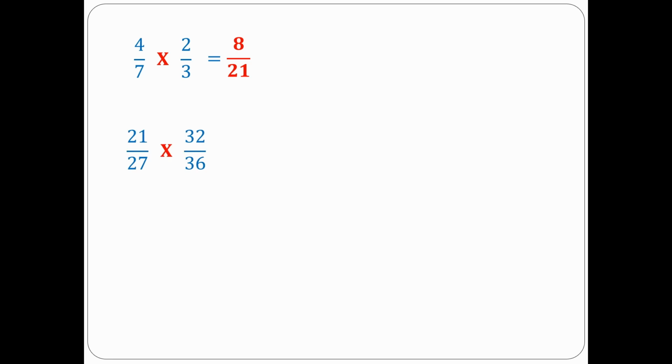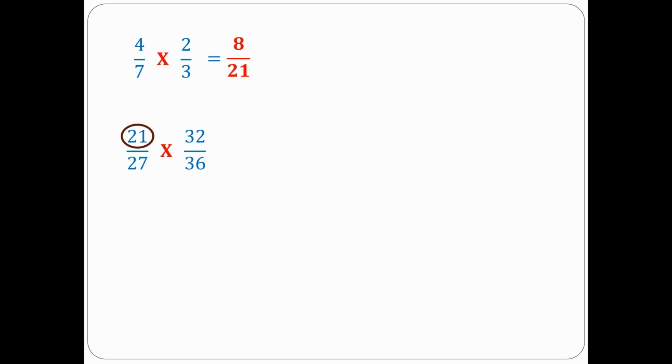Let's say we have 21 over 27 times 32 over 36. We can multiply across by multiplying 21 by 32, but it gives us a big number. So the first thing to do is to break down the large numbers into small numbers.